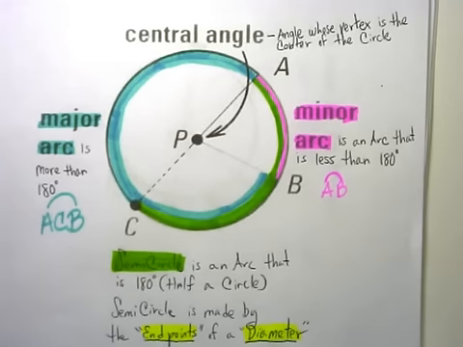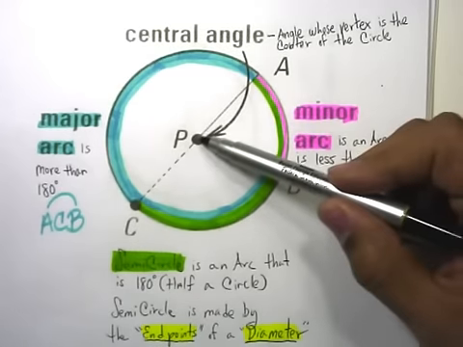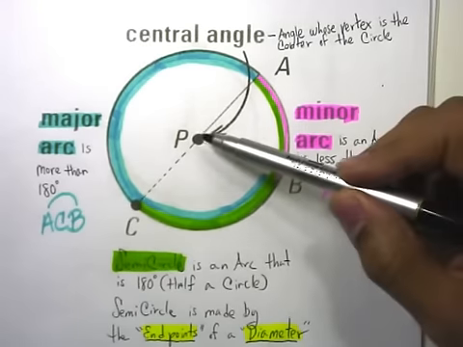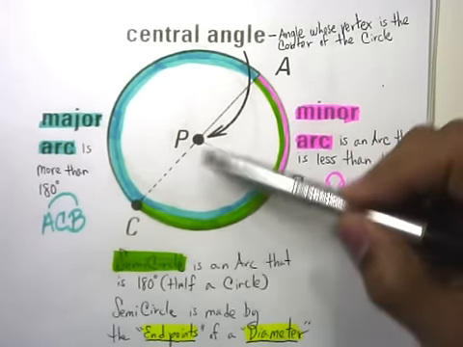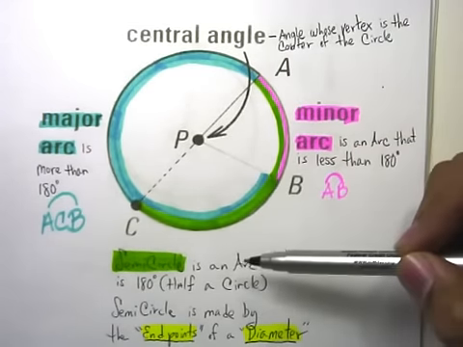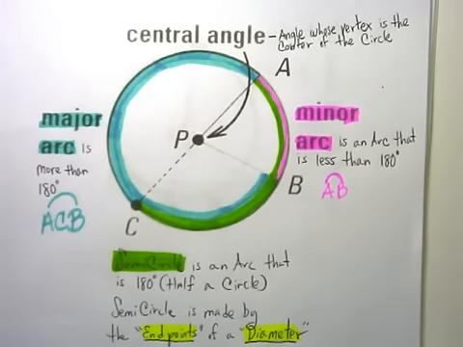So if I look at my circle P here, the name of this circle is circle P because P is the point in the center. I have an angle that I can make with that vertex, and that angle is angle APB, or angle PBA. Since the vertex of my angle is at the center of my circle, this is called a central angle.